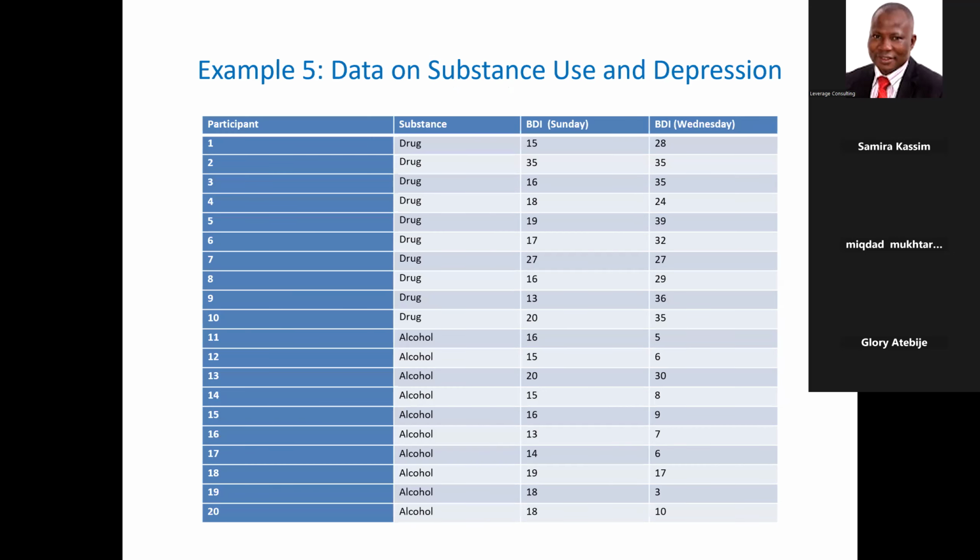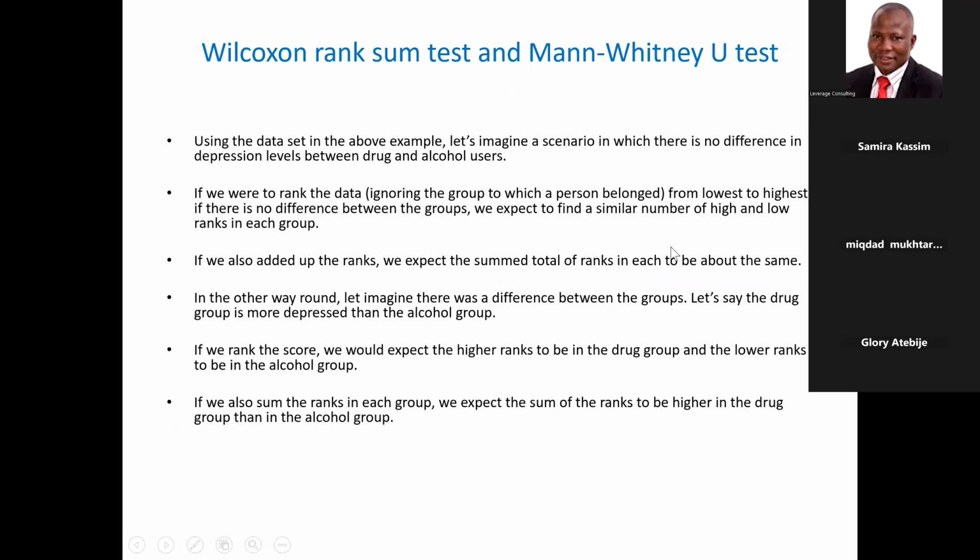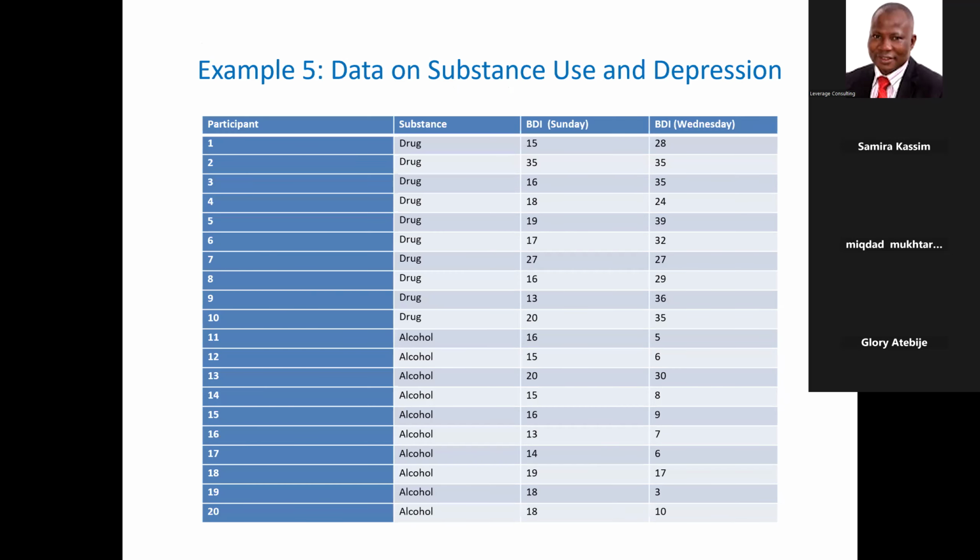Now, the second group of data: Wilcoxon rank sum test and Mann-Whitney. Look at this data set. It is about substance use and depression.